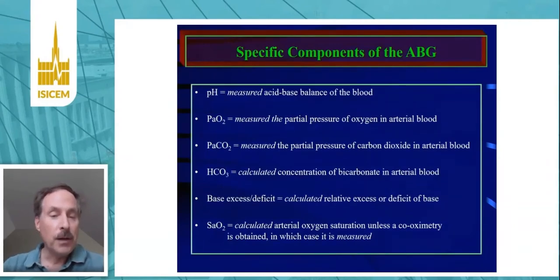Keep in mind that most of the metrics within the blood gas are actually measured, the important ones such as pH, PO2 and PCO2, but the bicarbonate in particular is calculated based on the pH, and then a derivative of that is the base excess or deficit.